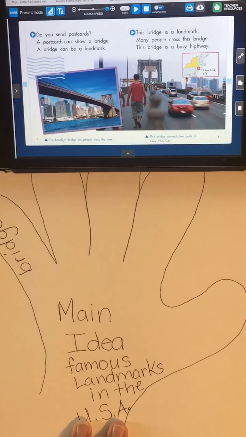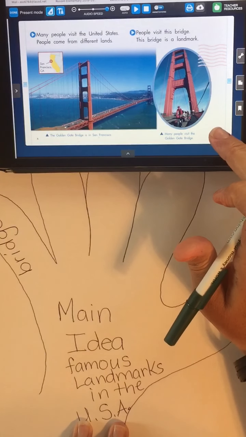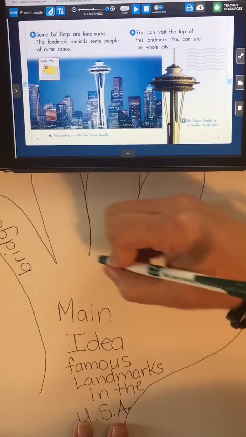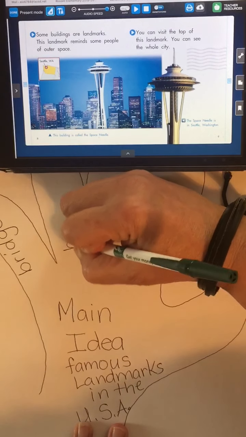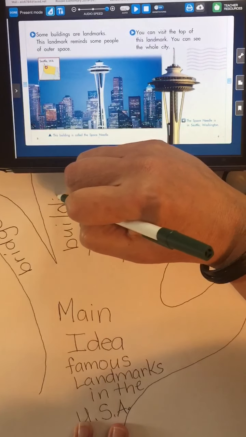The bridge is a landmark. Same thing here. The second detail is talking about buildings being a landmark. So my second finger is going to say buildings.